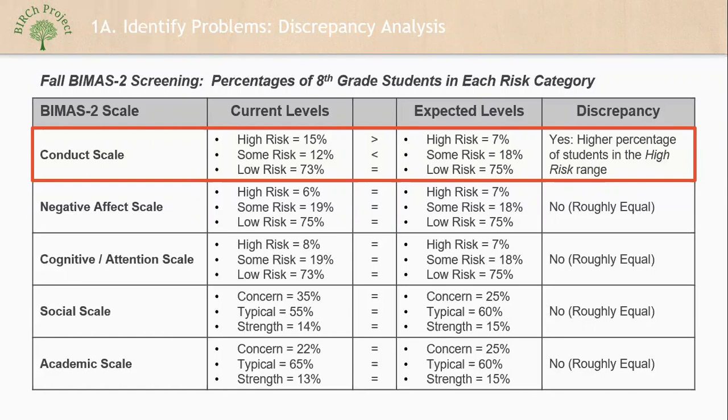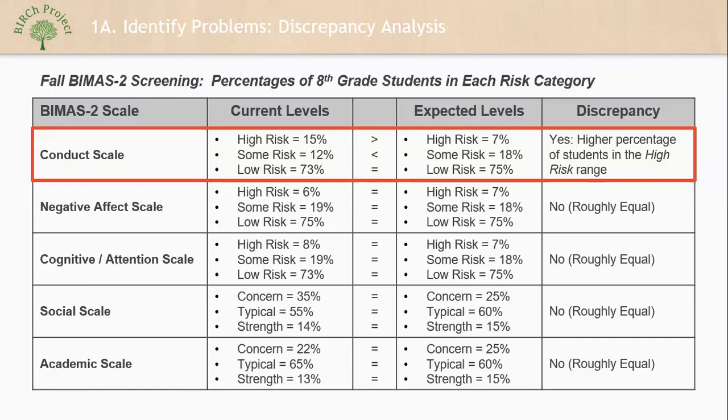Now, these values for expected levels are dependent on local data. So for example, in this example, these values are based on historically what we would expect students to fall. We would historically expect that most of our students, 75%, would fall in the low risk range. So comparing what we would expect based on what we usually see in our school district, we can see that on the conduct scale, we have about the same number of students who fall in the low risk range.